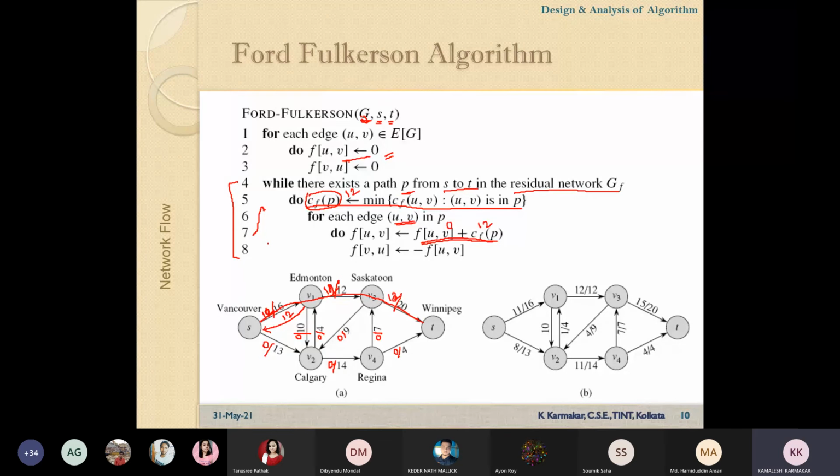How do you find an augmented path from a graph if source and sink are given? Which algorithm will you use to find a path from source to sink?